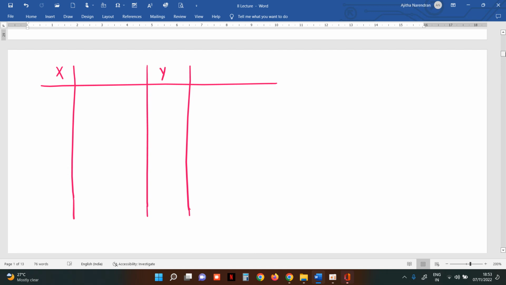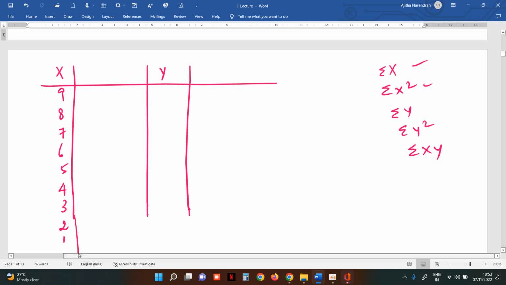So here, what are the values you need? You need summation of x, you need summation of x square. Both you need. You need summation of y, you need summation of y square, and you need summation of xy as per that formula, right? First, let me write the question figures. X, the values are 9, 8, 7, 6, 5, 4, 3, 2, 1.